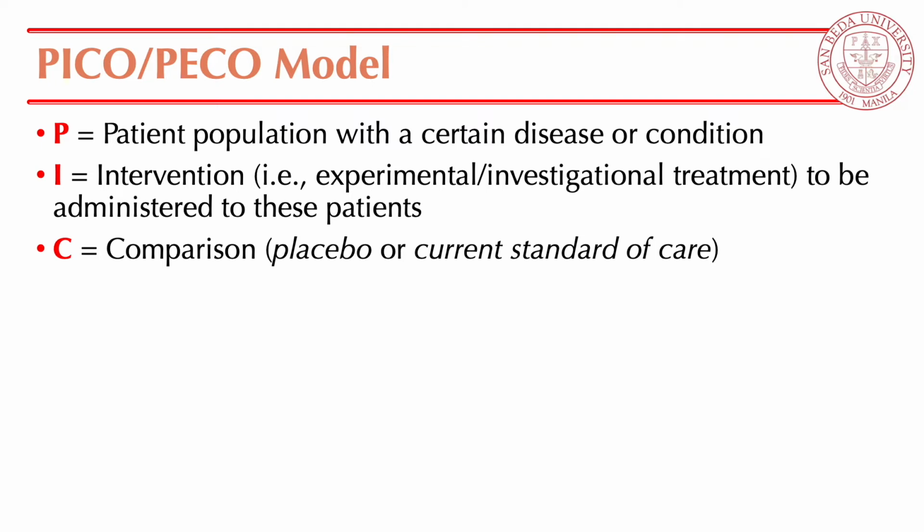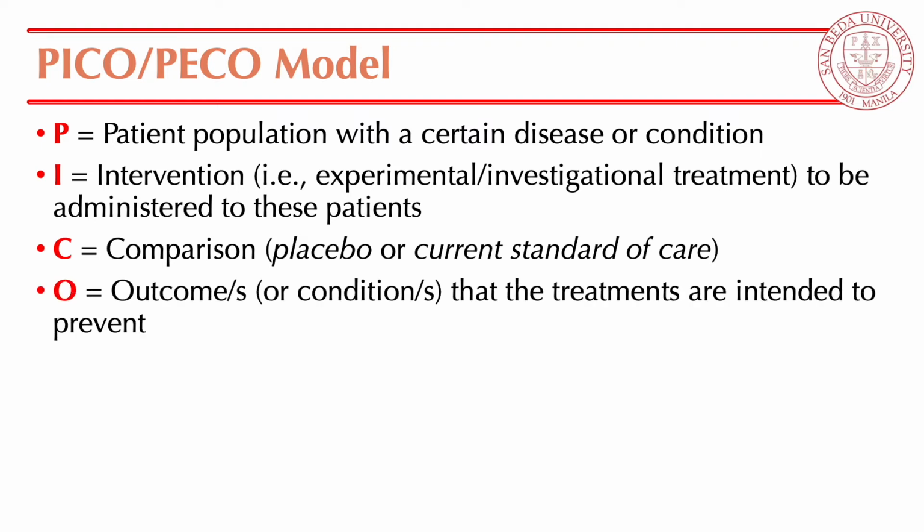You could also have a comparison group that receives the currently accepted standard of care for the disease if such already exists. In such cases, investigators want to see if the investigational therapy is just as good or is better than the current standard of care. Now, mind you, performing a clinical trial for an investigational drug or treatment using a placebo group is highly unethical if there is already an accepted or proven standard of care existing for the condition the investigational drug is intended to treat.